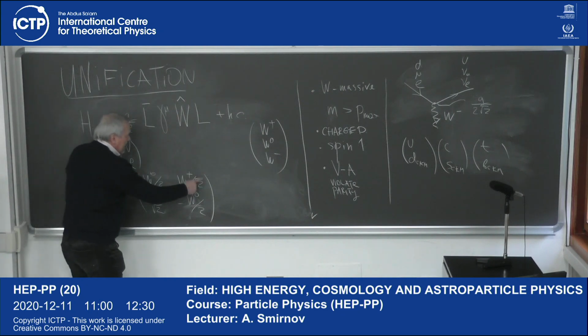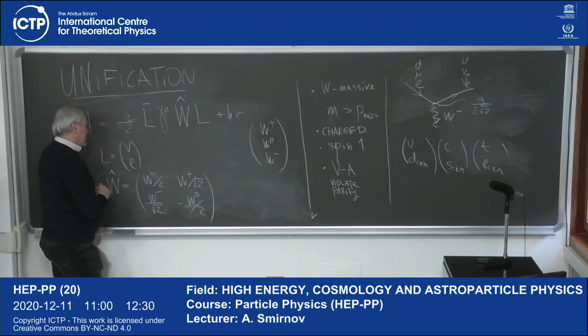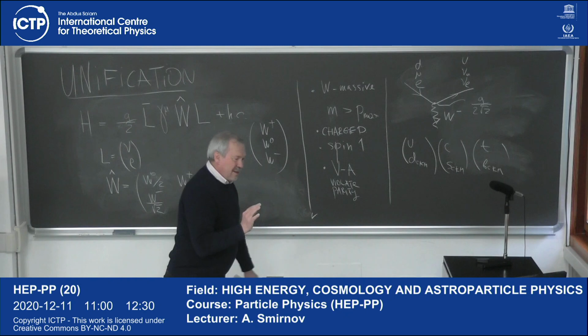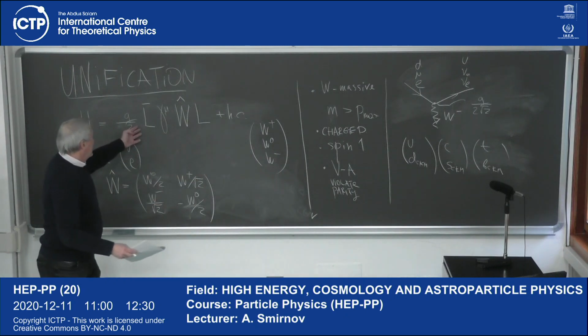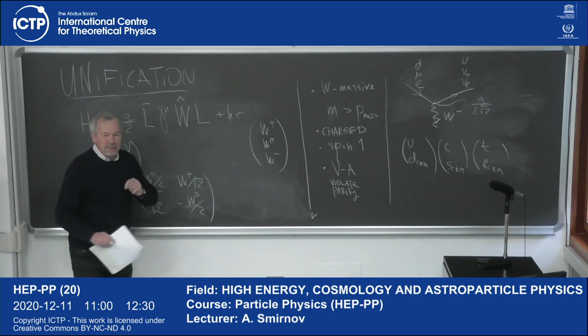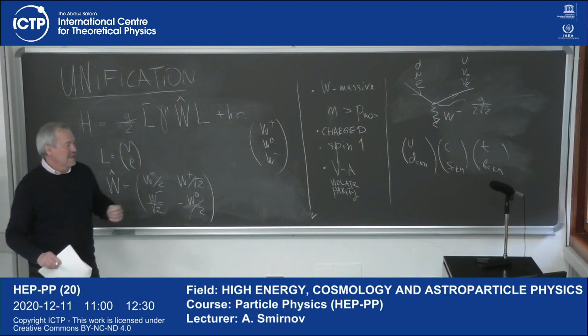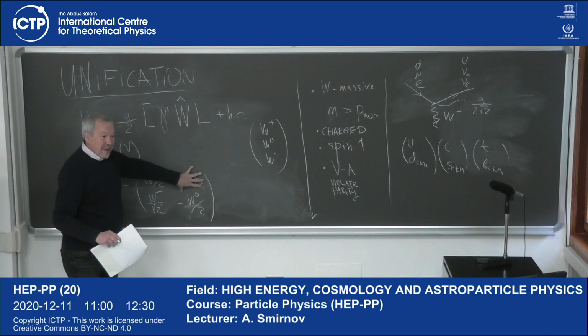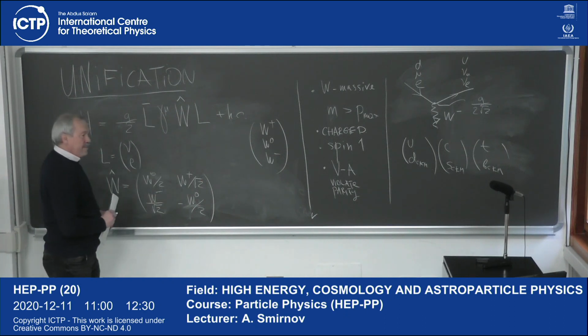You see, the off-diagonal elements of this matrix give the transition between nu and e, and in this way I will reproduce our usual charged currents. So please check this. We just multiply this matrix onto the two columns, this is a line, this is a column, and at least you will reproduce the correct interactions of W plus and W minus.